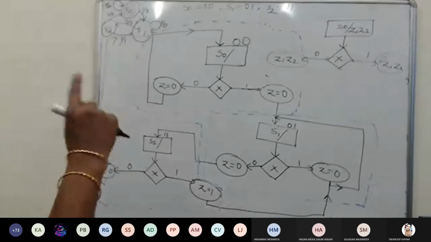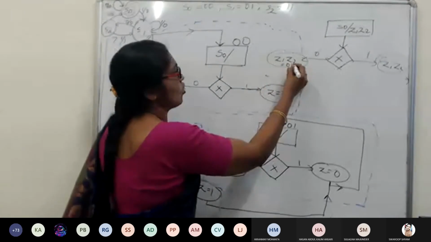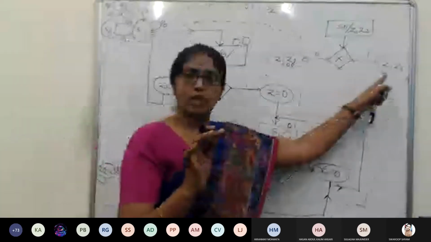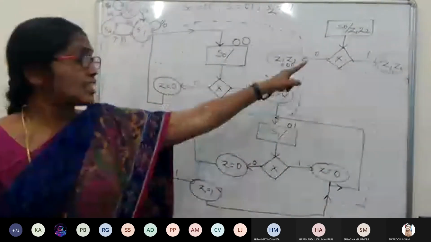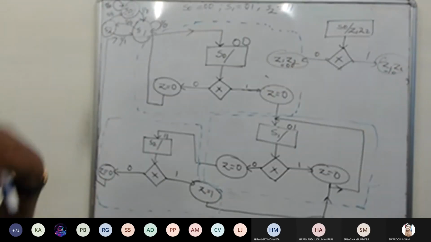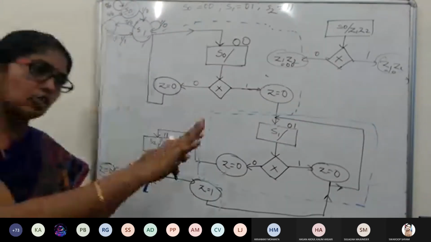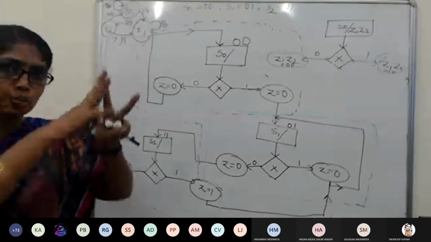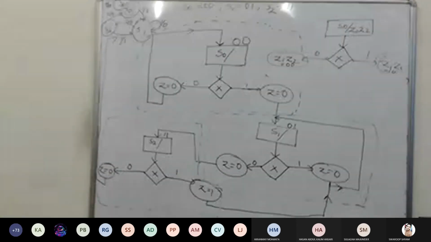Because one input and 2 conditional outputs, Z1, Z2 equal to 0, 0 or something you can write, no problem. You can pictorially show Z1, Z2 equal to 1, 1 or 1, 0. We can show it with a single input. With 2 inputs, again the same scenario comes. x1, then x2, x2, 0, 1, 0, 1 and their conditional outputs will come. So the branch expands. Is that fine? Yes, ma'am.